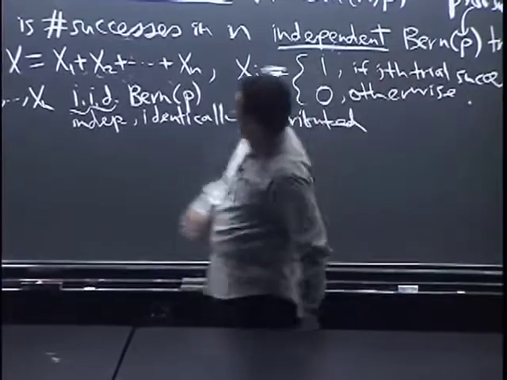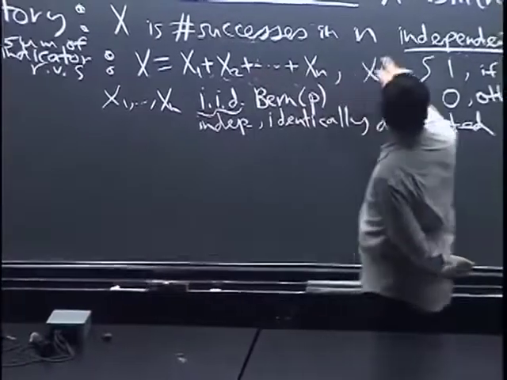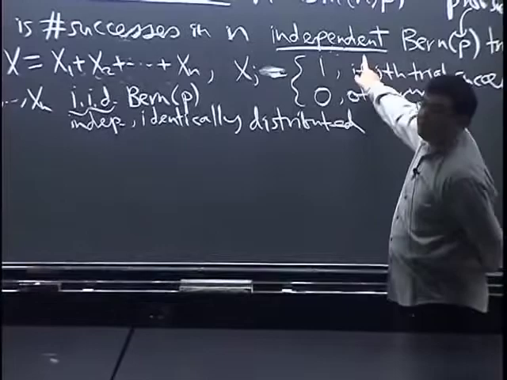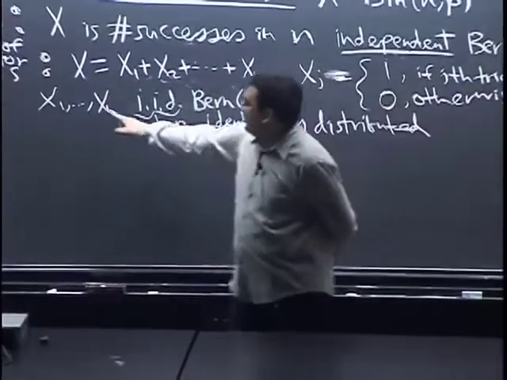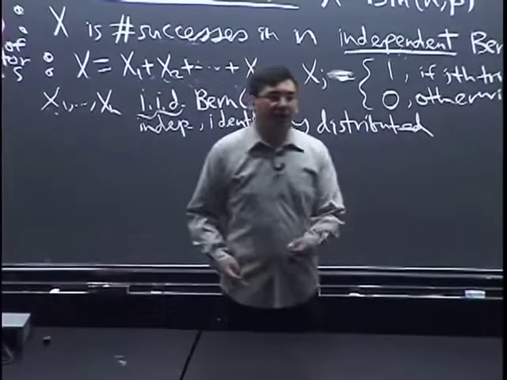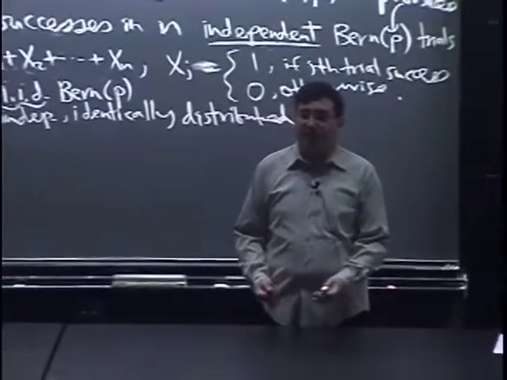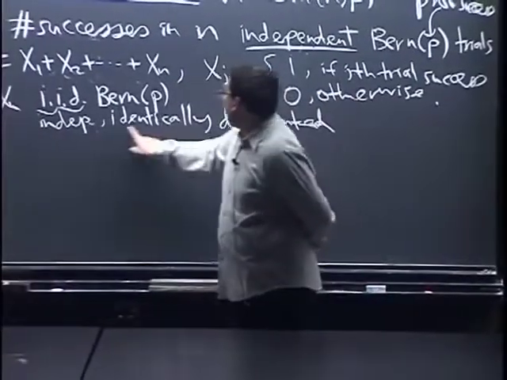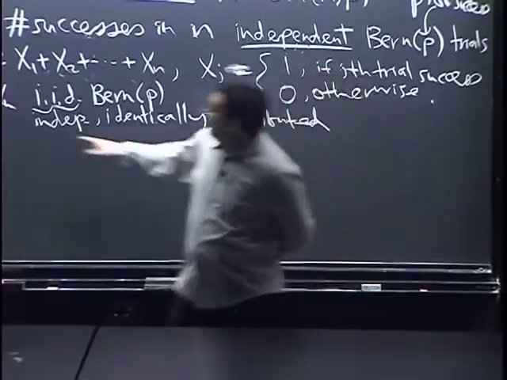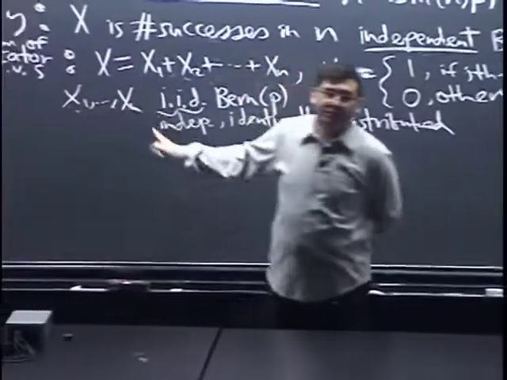So what that means is, because we assume that the trials are independent, and these are the indicators of success for each trial, those should be independent. That's what independent means.